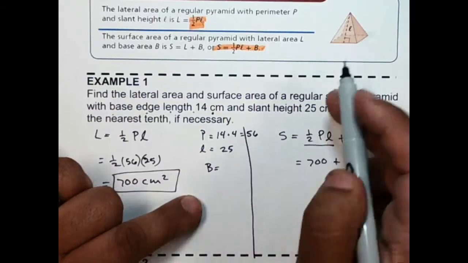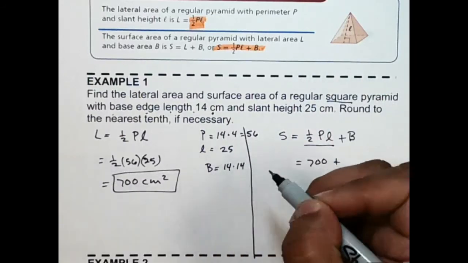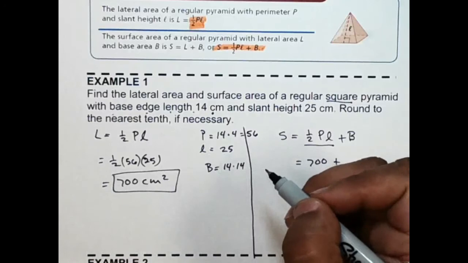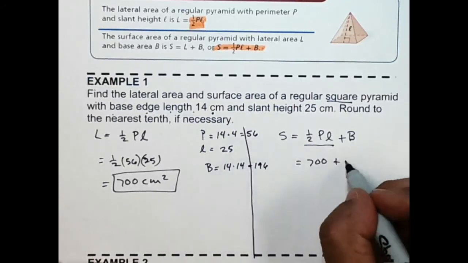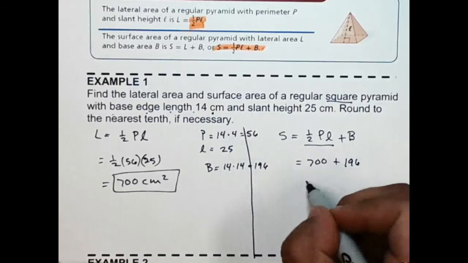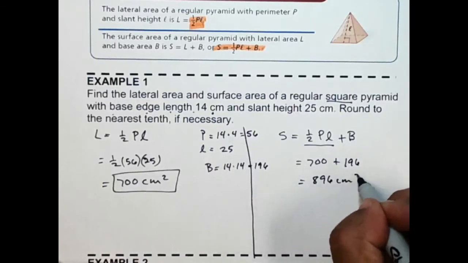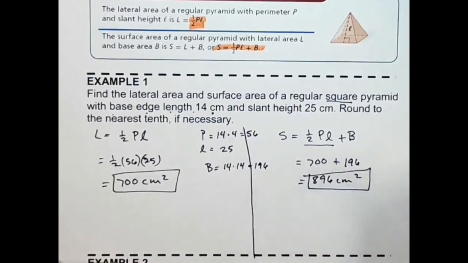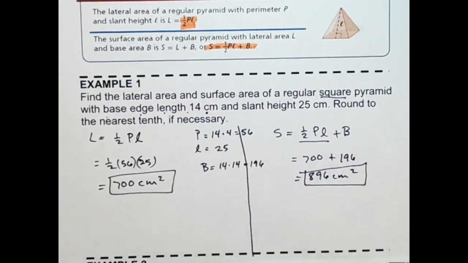The base is a square, so that is going to be 14 times 14, or 14 squared, which ends up being 196. So I got 700 plus 196, which ends up being 896 centimeters squared. So that is my lateral surface area and my total surface area of a regular square pyramid.